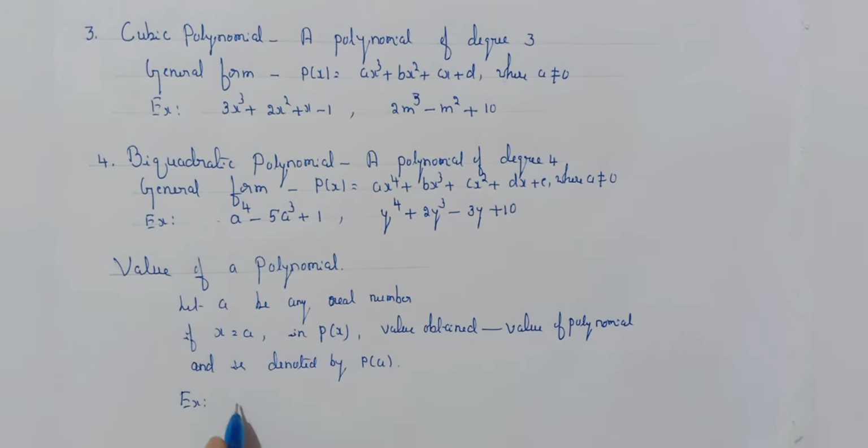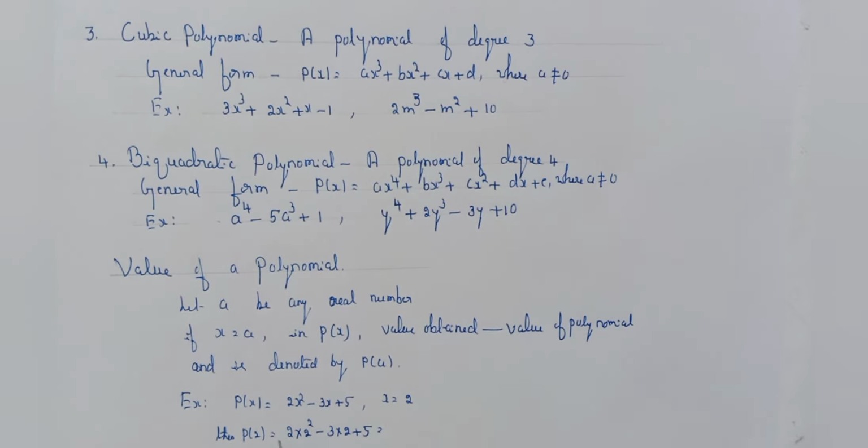Example: consider a polynomial p of x is equal to 2x square minus 3x plus 5. Substitute x is equal to 2 in the polynomial p of x, then p of 2 is equal to 2 into 2 square minus 3 into 2 plus 5.